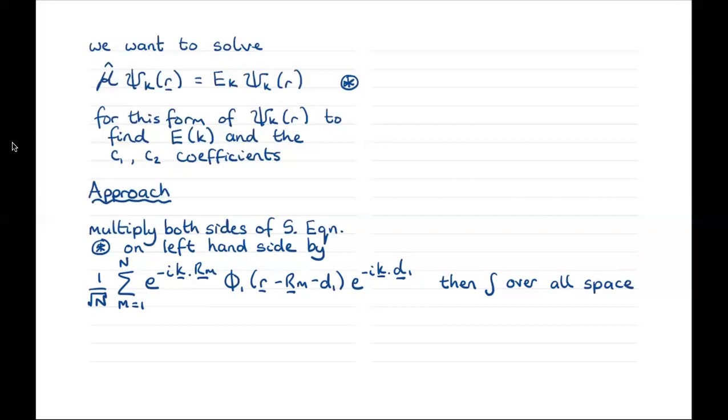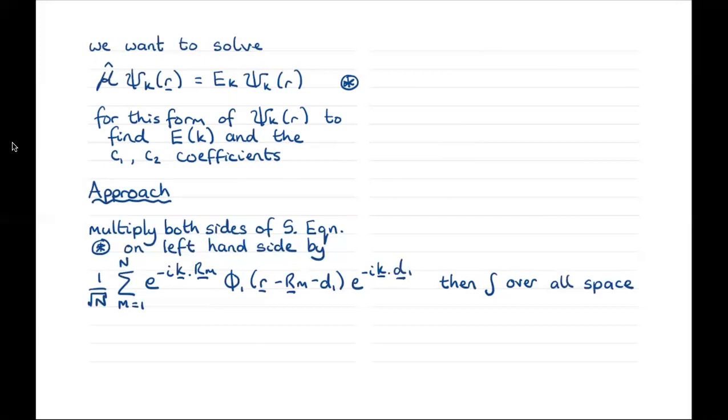So I'll take H times the psi of k that we wrote on the previous page, multiply that on the left-hand side by this expression here, integrate over all space, and equate it to the right-hand side of the Schrödinger equation pre-multiplied by this expression and integrated over all space. And after a lot of rearranging and simplifying in mathematics, I'll end up with an equation which will turn out to be useful.